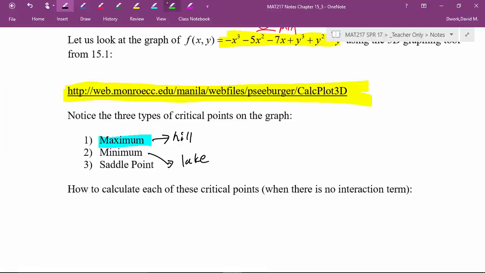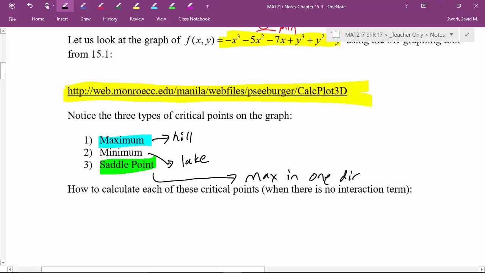Saddle points. This is a new kind of thing. What a saddle point is, it is a max in one direction and a min in the other. So when we go back and look at our graph, do you see the saddle point?